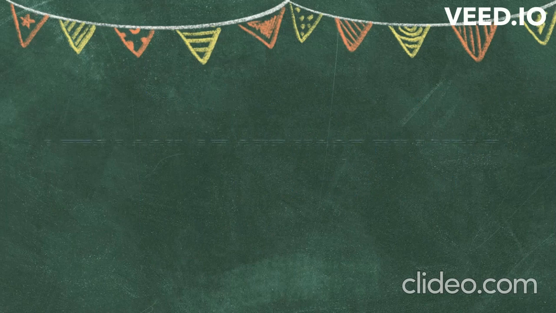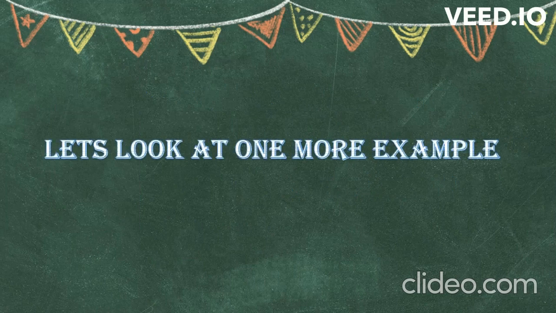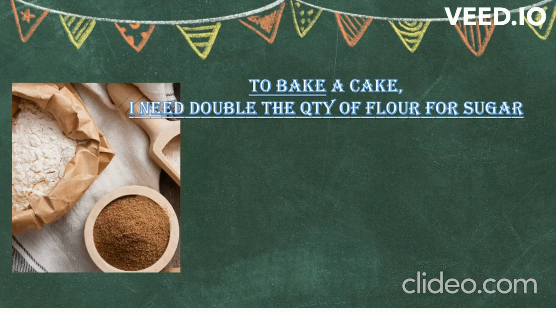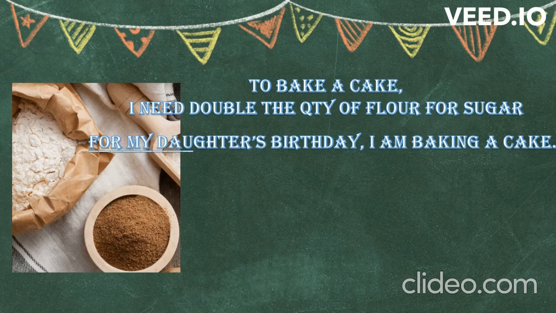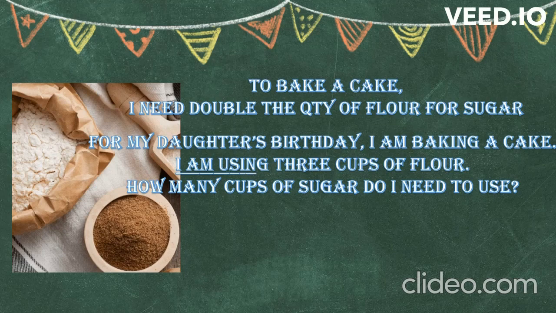Let's take one more simple example. To bake a cake, I need double the quantity of flour for sugar. For my daughter's birthday, I am baking a cake. I'm using 3 cups of flour.